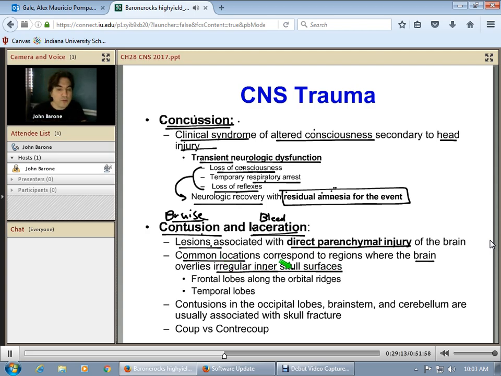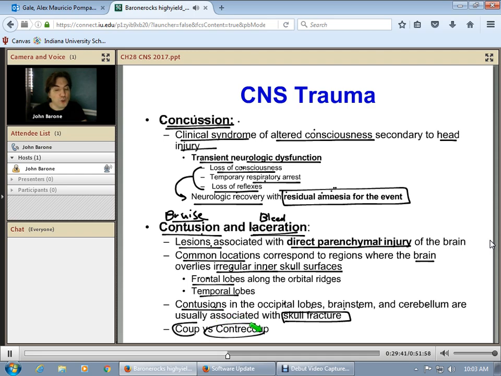So these are areas where the skull is irregular and the bone can bump against the brain. Now, contusions that occur in the occipital area, where it's smooth, the brainstem, which is in the middle, or the cerebellum are usually associated with a skull fracture. If you have a skull fracture, then you can get contusions in these other areas. But usually it's the frontal and the temporal, because that's where the bone is irregular.